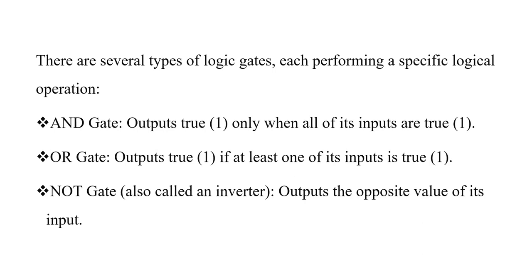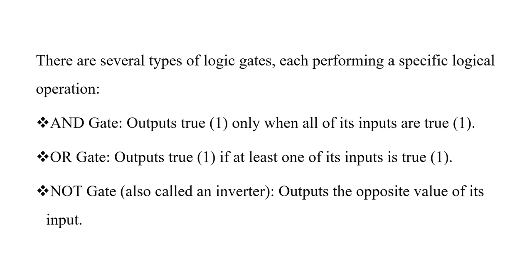When I get one input plus the other input, if at least one of them is high, I always have a high as an output. But if I have all of them being 0, then I'll have the same output, which is going to be 0 or low.